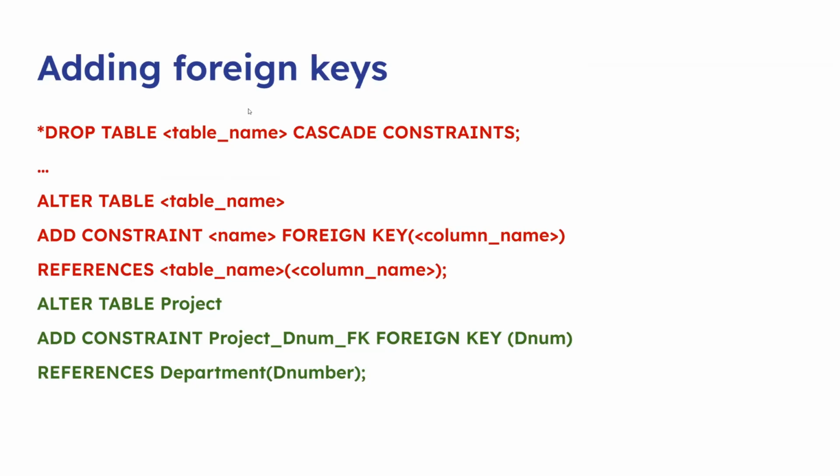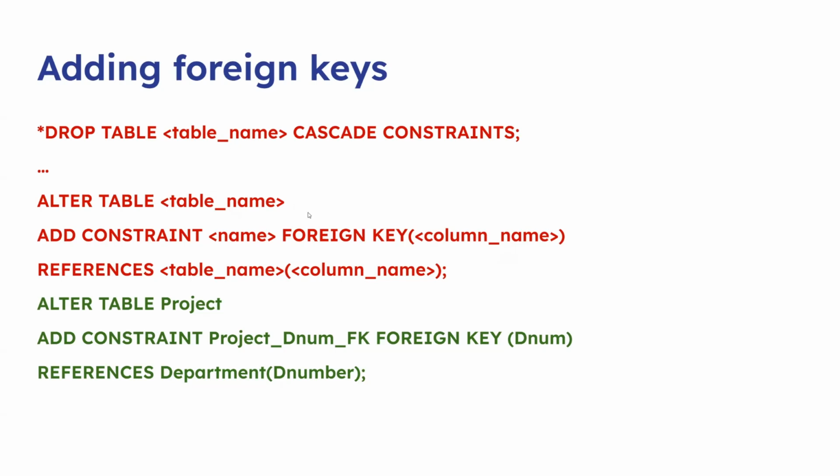But whenever you're running a database in SQL Plus, every time you run it, you should include the drop table and then the table name. So we would have drop table project cascade constraints, because every time you add a foreign key, it will try to reference a primary key.